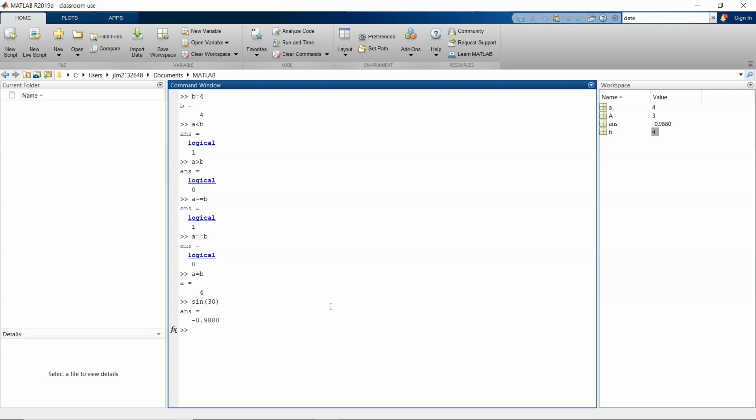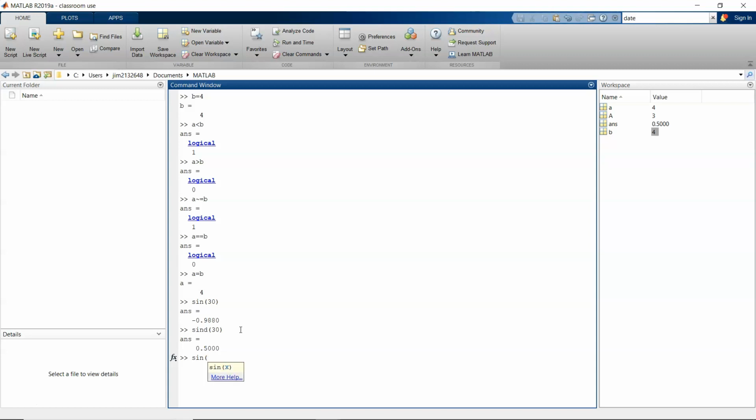It's not that, is it? What did I do wrong? Pause, think about it. Okay. If we want the sine in degrees, we have to put a little d right there. That's sine in degrees. Otherwise, we're asking for the sine in radians.